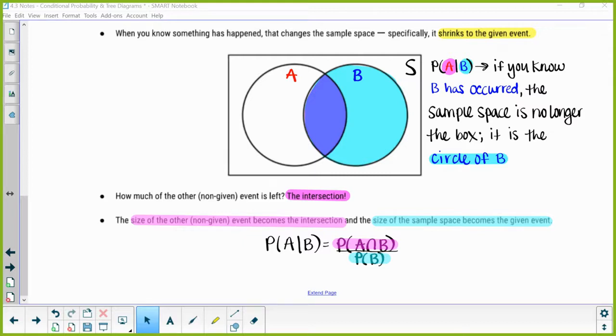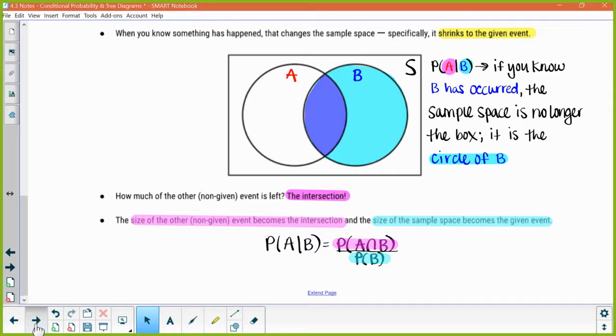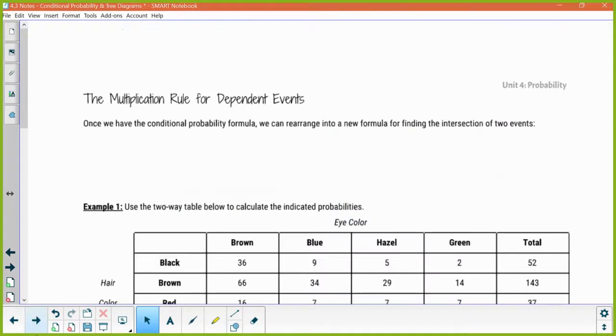Okay, let's go ahead and look at the multiplication rule for dependent events. So once we have the conditional probability formula, we can rearrange it into a new formula for finding the intersection of two events.